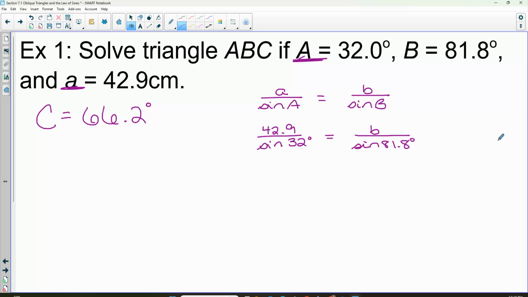So how would you find side b? You can cross multiply, or all you really have to do is multiply by the sine of 81.8. So just plug it in the calculator: sine 81.8 times 42.9 divided by the sine of 32.